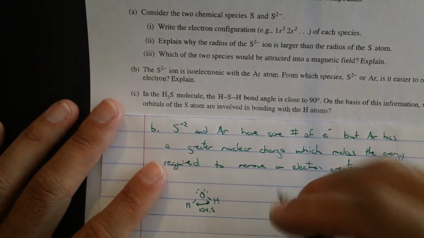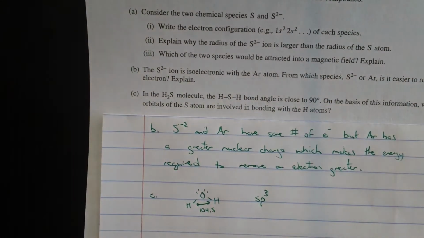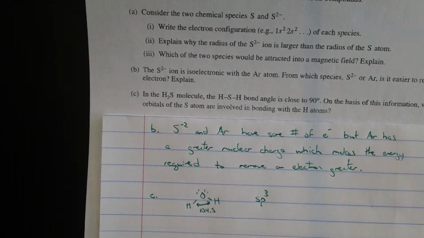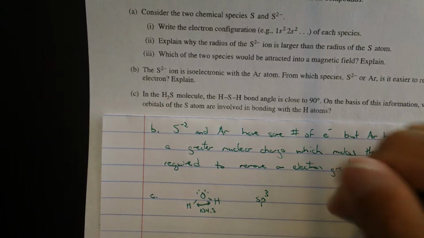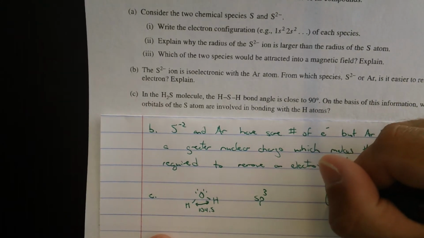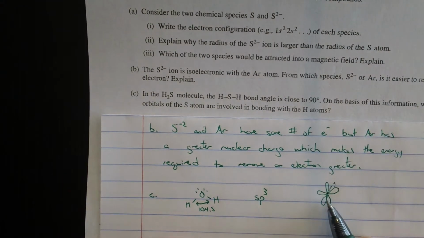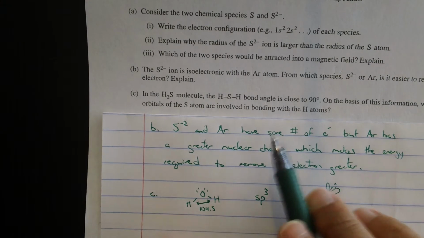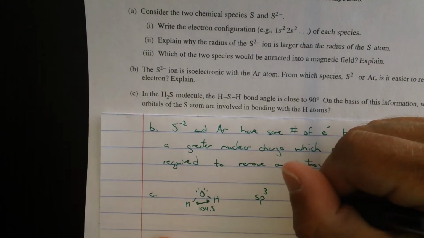And so when it's hybridized, those s's and p's and the sp3 hybridization, they spread as far apart as they can. This wants you to say that because the p orbitals are x, y, and z orbitals like this, those guys would be 90 degrees apart, and so the atomic orbitals involved are the p orbitals.